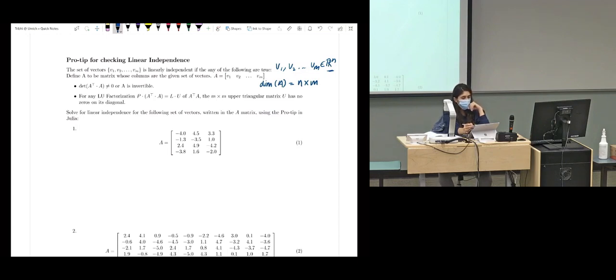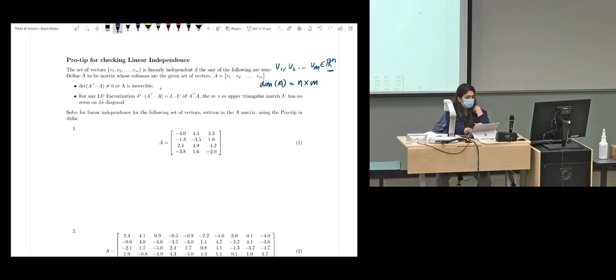And how do we know that? We know that because we said that v1, v2, vm belong to the set Rn. So given all of this, once I've constructed an A matrix with all the columns given by the set of vectors, I can say that the set of vectors will be independent if the determinant of A transpose A is not equal to 0, which also means A is invertible.